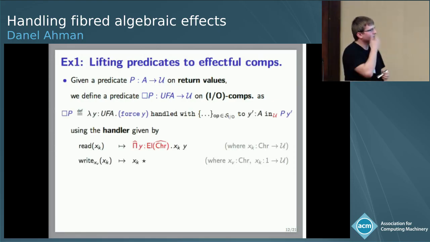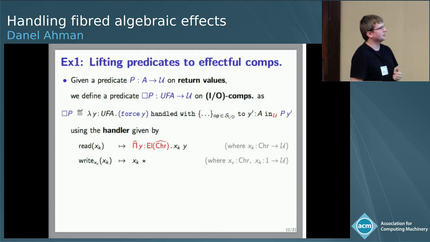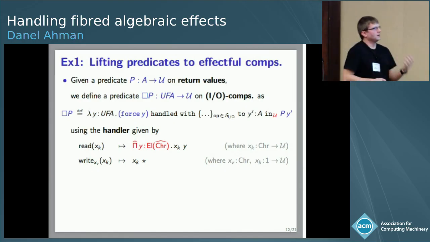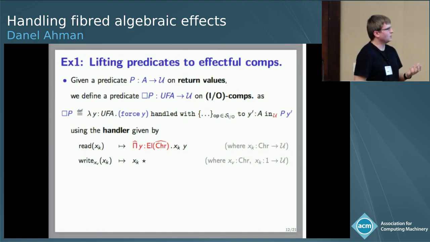And as I said, what we are really going to do is use the handling construct with a particular user-defined algebra to go from UF of A into the type U. What this handler or algebra is doing is replacing operations with a universal quantification over the possible return values that they can produce.